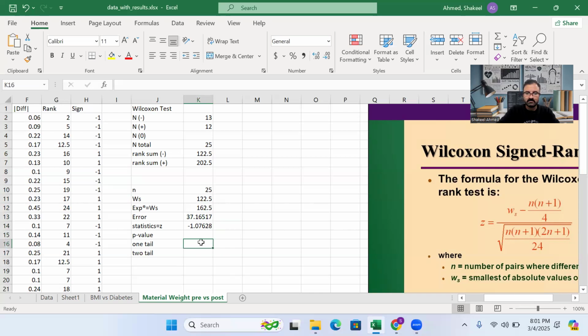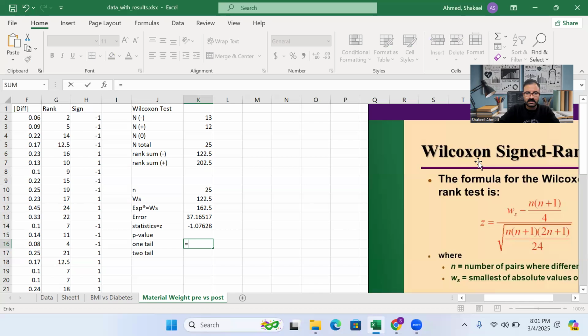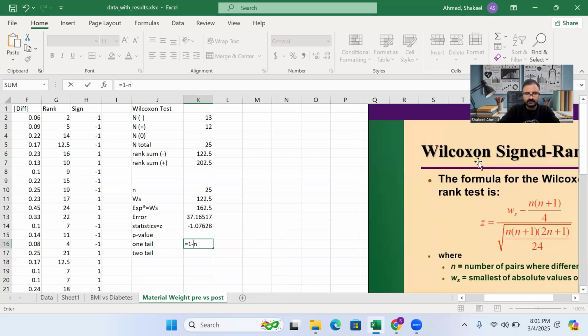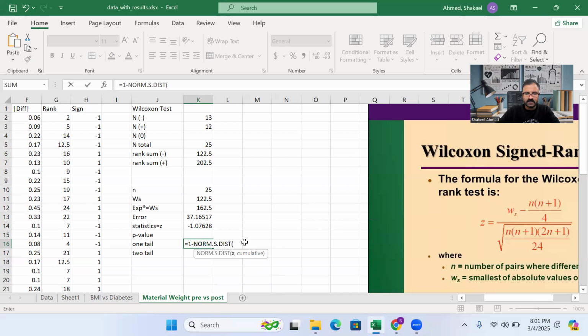And you can find the p-value using normal distribution. This is basically 1 minus the standard normal distribution. I think standard normal is okay, as this is the z value.